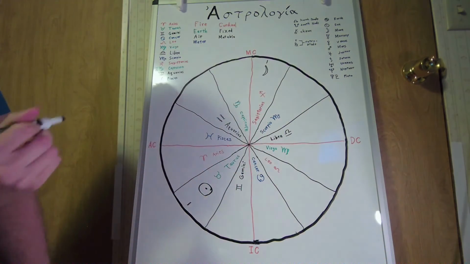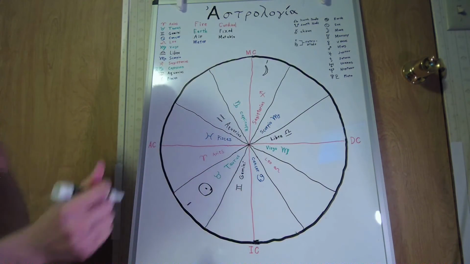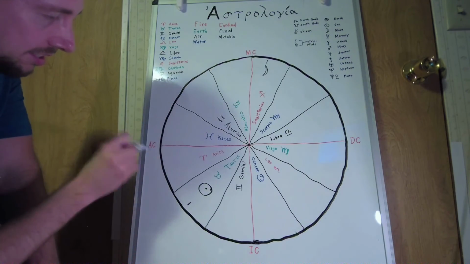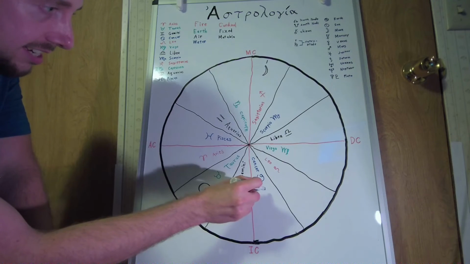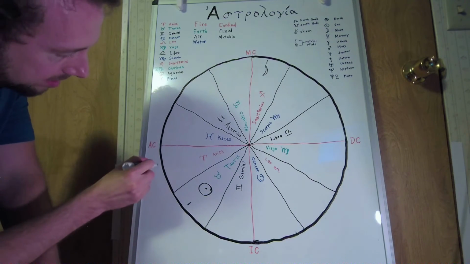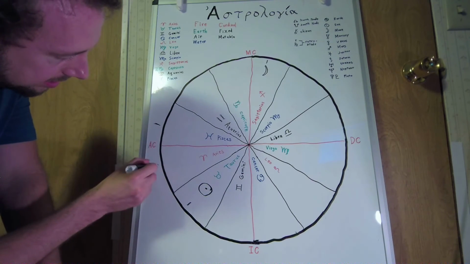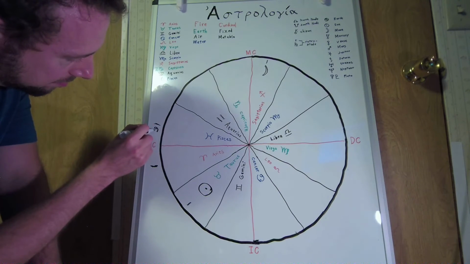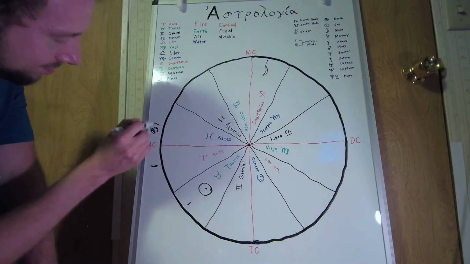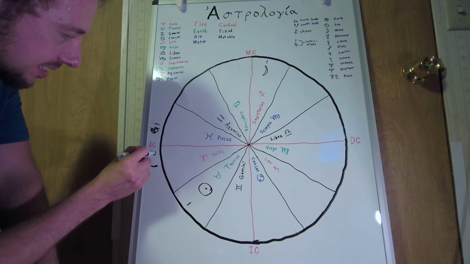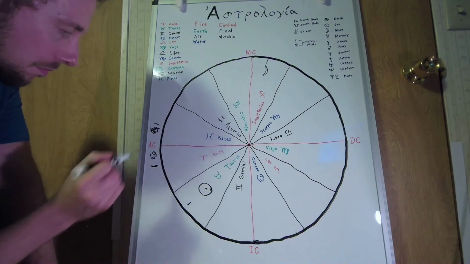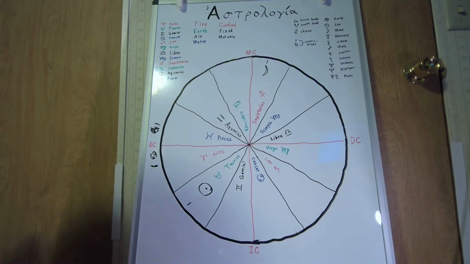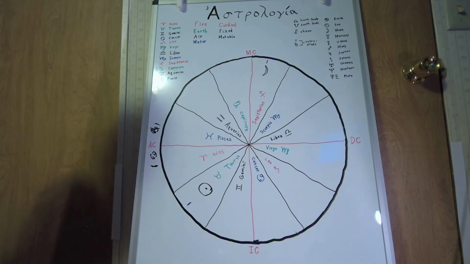And let's pretend that the sign Cancer, I know it's over here right now, but let's bring it over here. We're going to pretend it's right here, at the Ascendant. So the Ascendant, let's pretend it's Cancer.